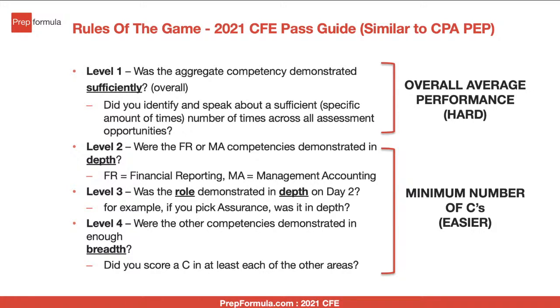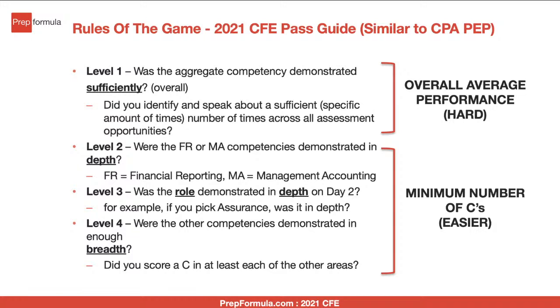Basically, you have to look at the average of all the different AOs, all the different sections of the case, and you have to make sure that you do well in all these areas. On average, okay? So your average mark actually becomes really critical and really important, and that's really the whole purpose of doing this whole process. So that's really what you do as part of this process.